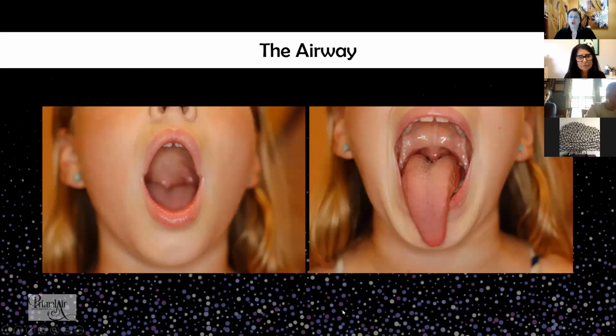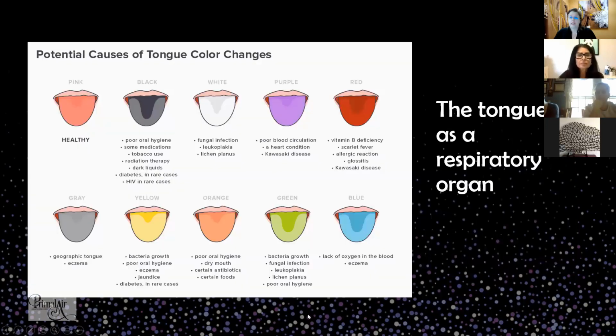And when you look at her arch form, you would see that her lingual frenum is attached almost onto the mandible. We can think of the tongue as a respiratory organ. That was a term that was just brought up this past summer in a course. And as we go through, we'll explore why we can even think of it that way.